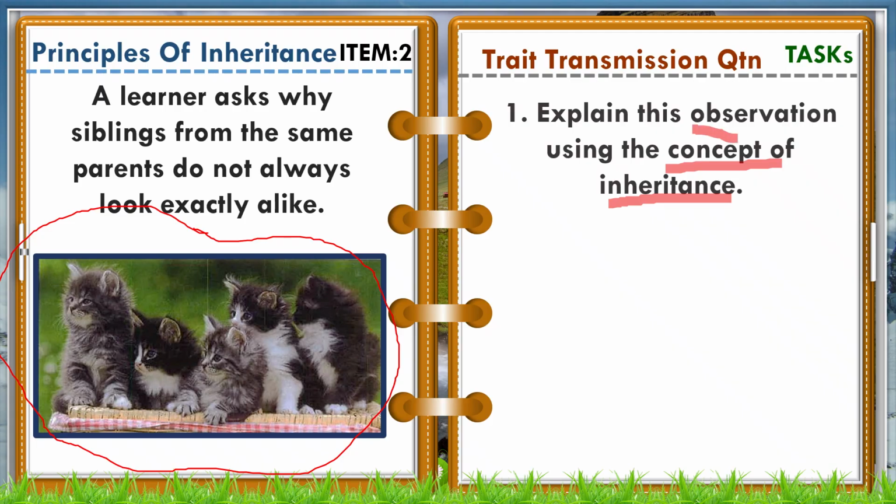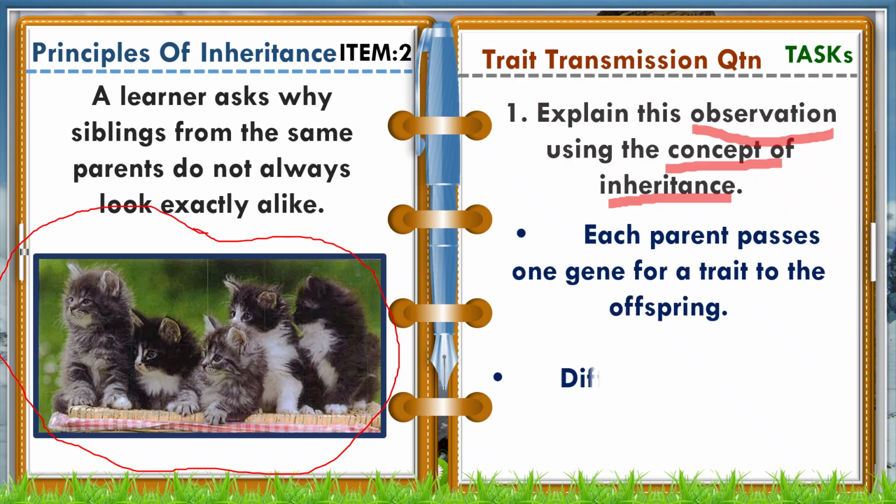What have we observed? We have observed that the siblings, all of them, are coming from the same parent, but they don't always look exactly alike. So, can we explain that observation using the concept of genetics?